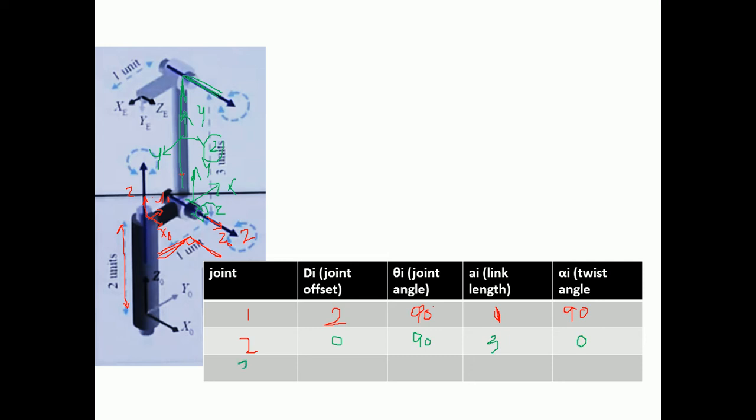Now for the third, this is the z axis, so again the common normal line is this. There is no joint offset value over there, so we write 0 over here.